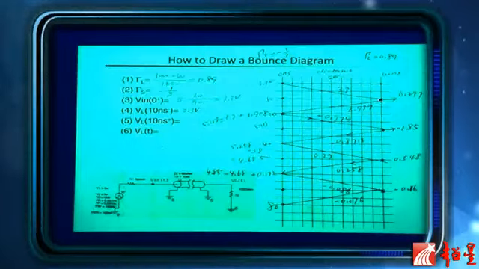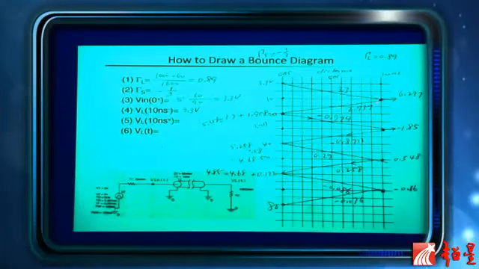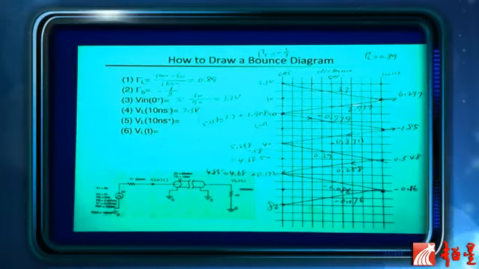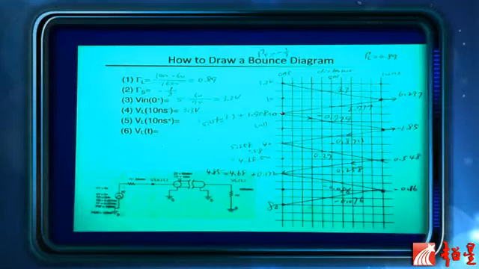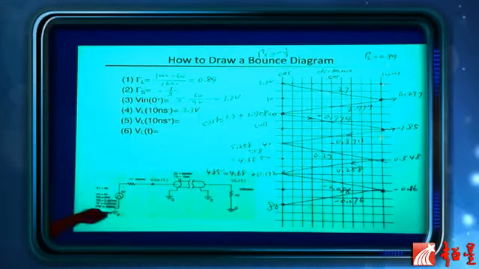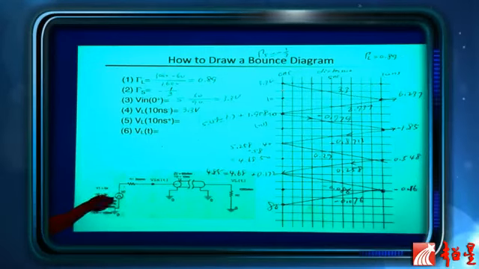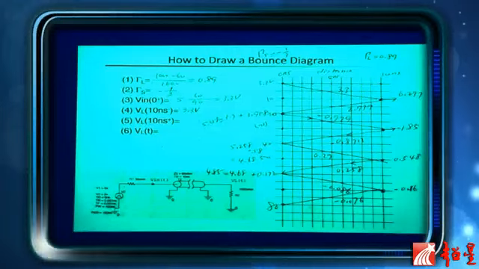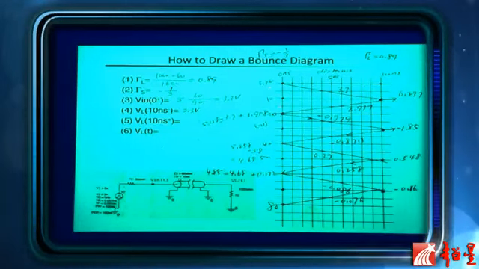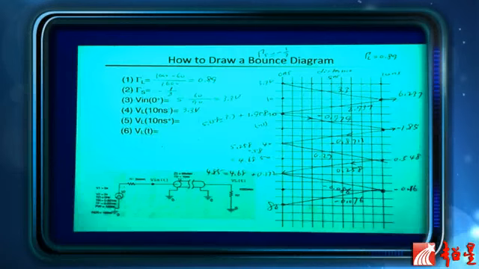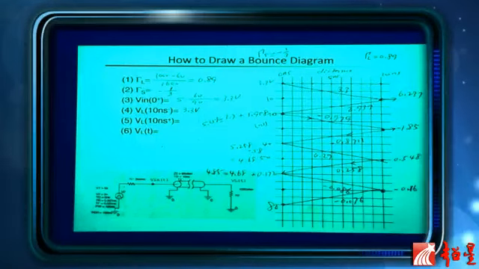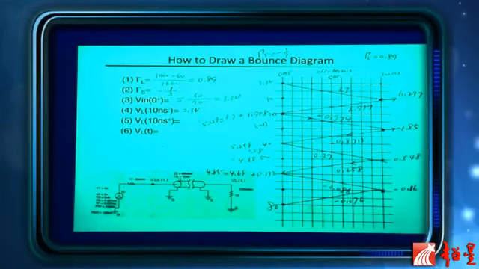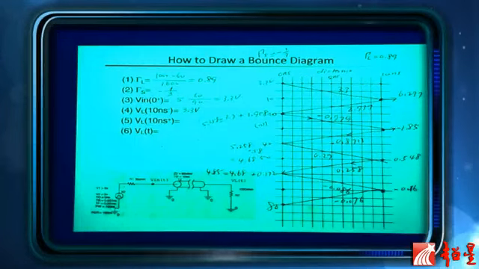At this point there's reflection because of the load mismatch, and when the reflection comes back here, there's another reflection. So the reflection coefficient at the load is 0.89, and the reflection coefficient at the source is negative 1/3. Once you obtain this bounce diagram, you can find the timing waveform at any given point.